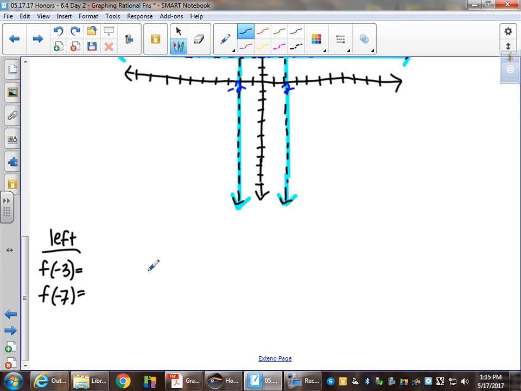Notice I didn't really leave a lot of space to do the math because as of now, we will start using the tables in our graphing calculator to get our points. So go to the table. F of -3 from my table is 5.4 and f of -7 is 3.3.